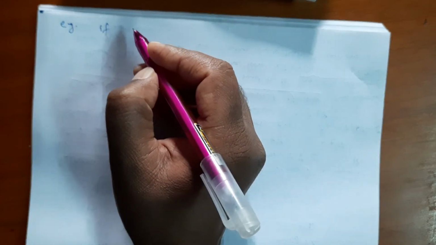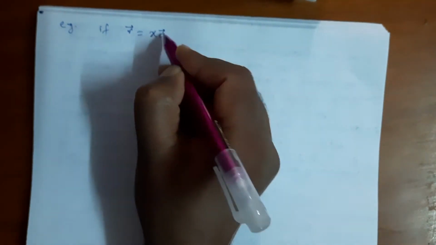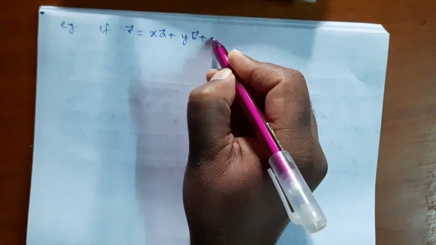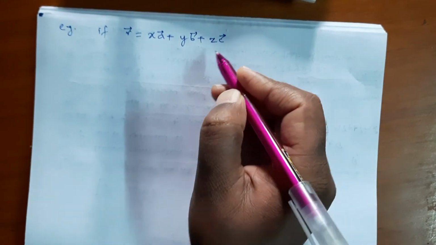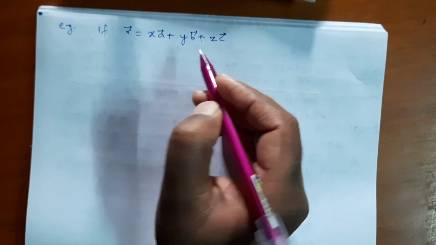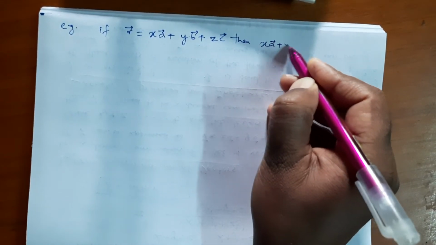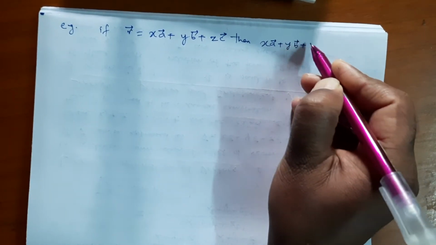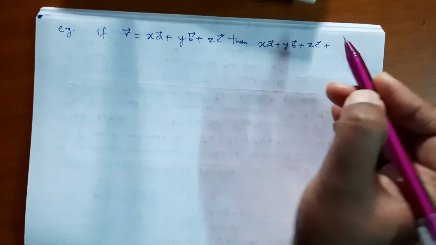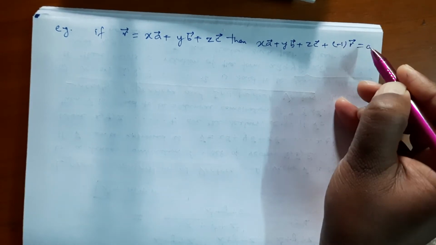If vector R equals xA vector plus yB vector plus zC vector, then xA vector plus yB vector plus zC vector, and when R comes to the other side it becomes minus 1 times vector R, equals 0.